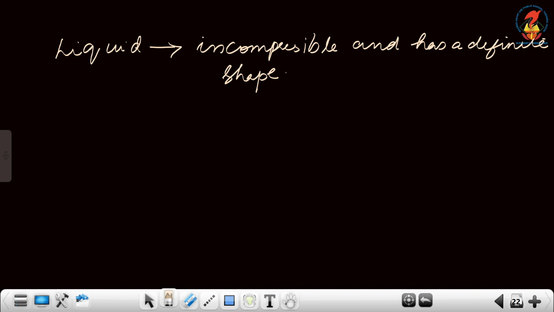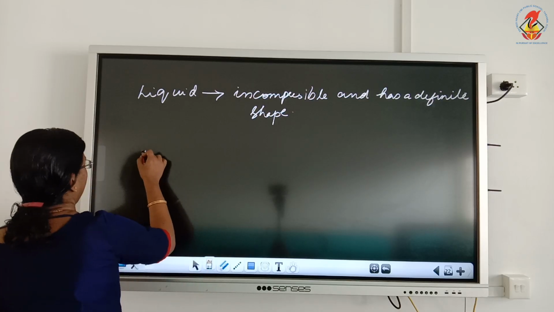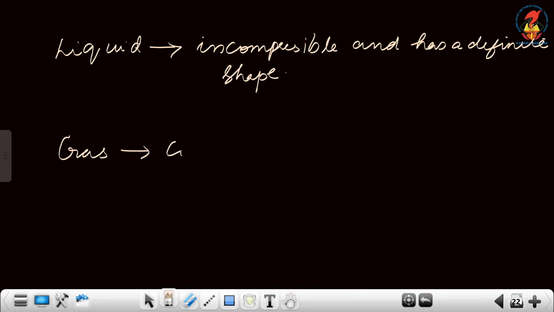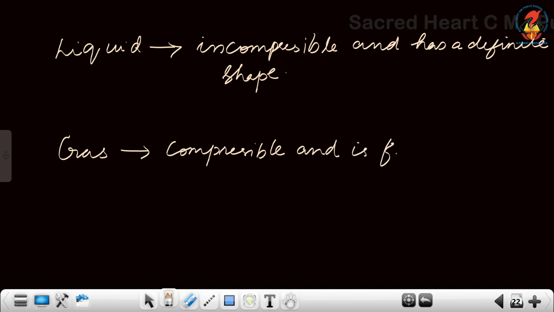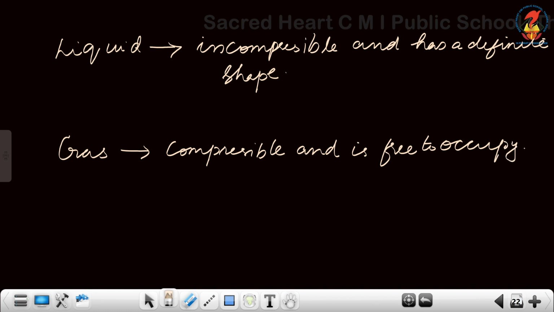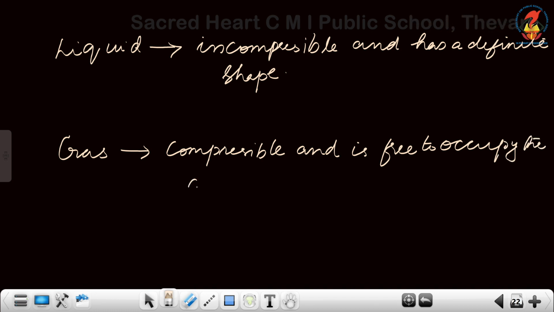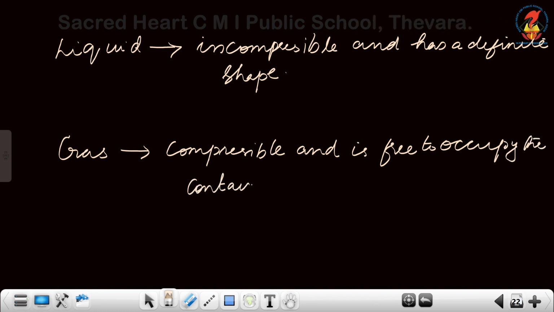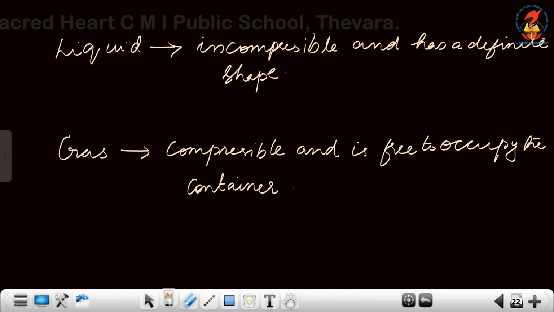It takes the shape of the container in which it is kept, whereas gas is compressible and gas molecules are free to occupy the container or the vessel in which they are kept.